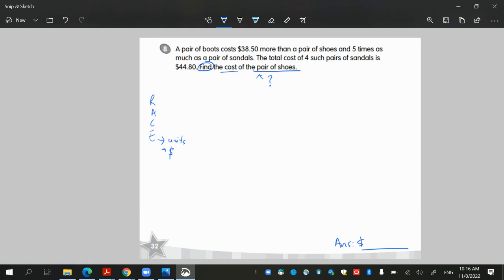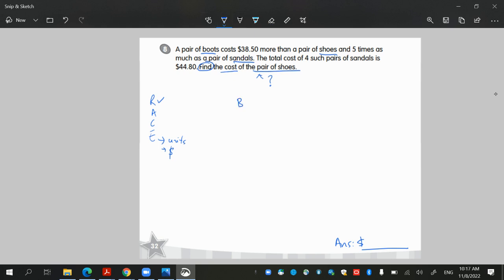Now, the next part is to figure out the entire story, boots and shoes and sandals. I have boots, I have shoes, and I have sandals. Three different things. Boots, it's right up here.